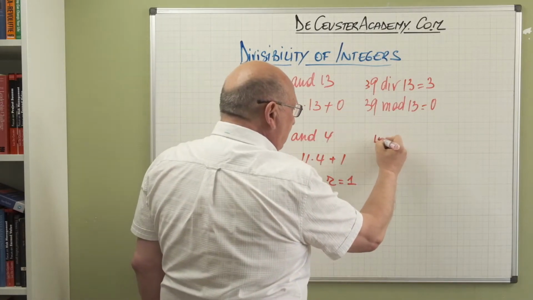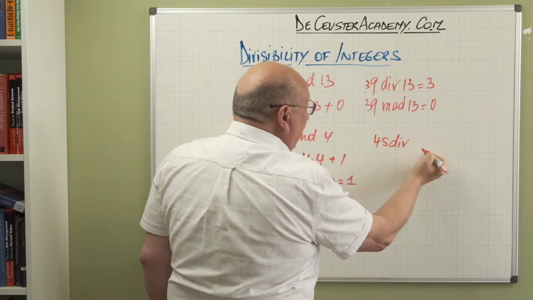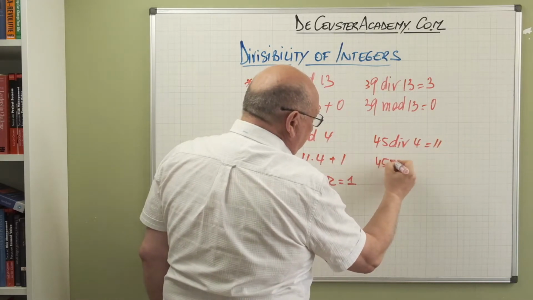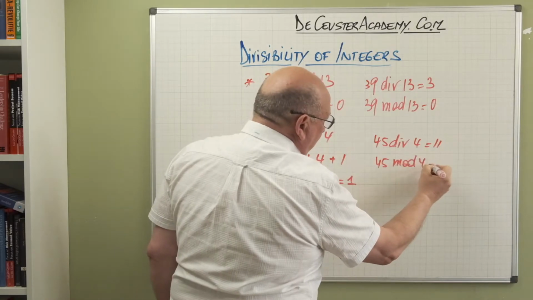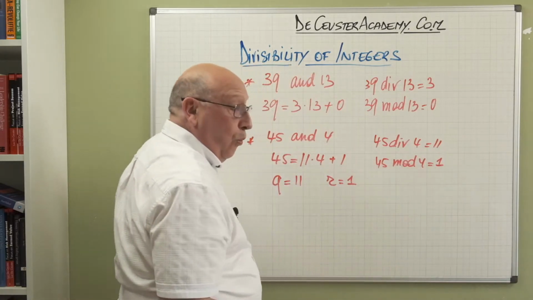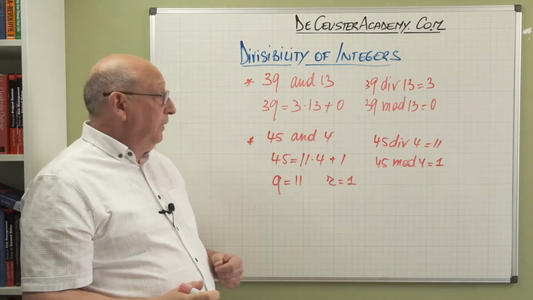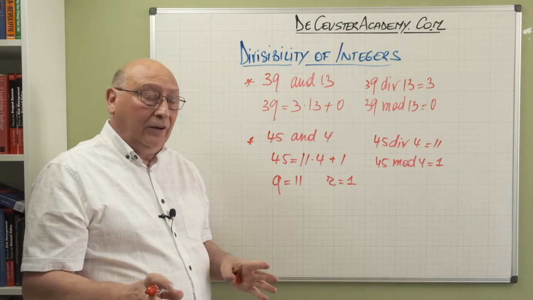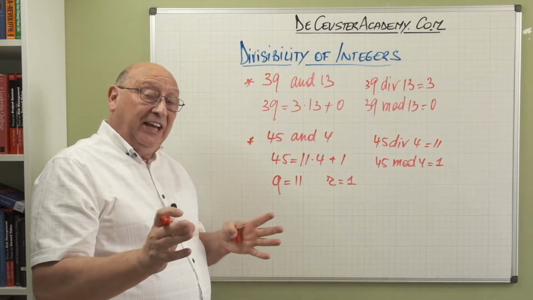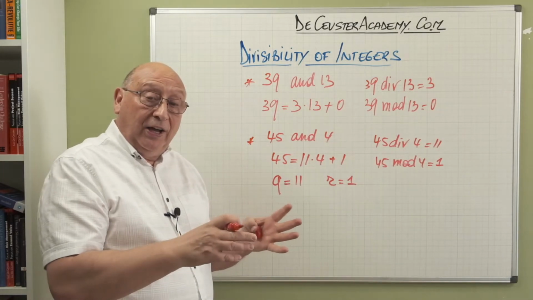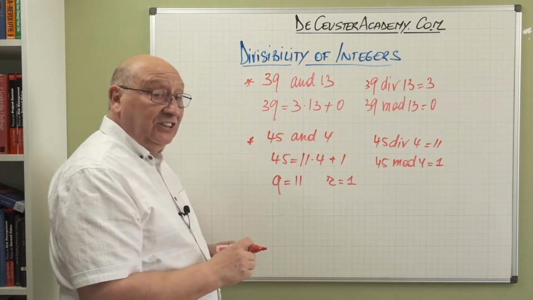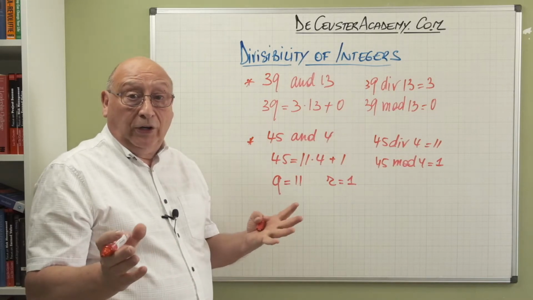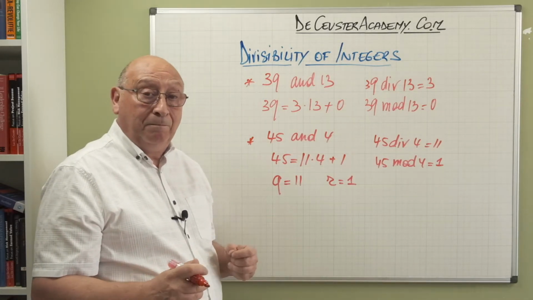Or we can say that 45 div 4 is 11 and 45 mod 4 is in fact 1. So these are some simple exercises, but the things we will be looking into in the next examples will be very important for the following videos.